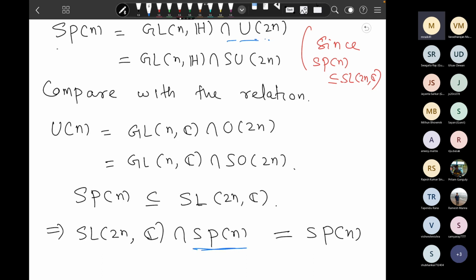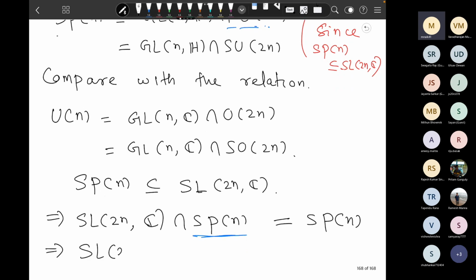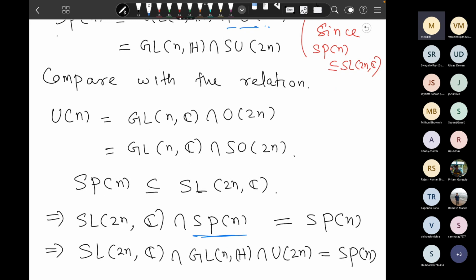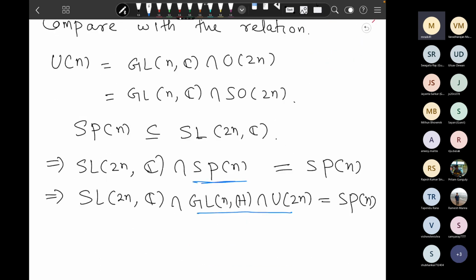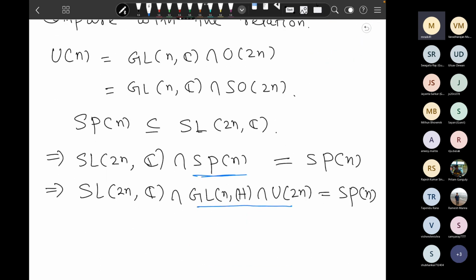In the left hand side I will get SL(2n,C) intersection, in place of Sp(n), GL(n,H) intersection U(2n) is equal to Sp(n). So this is the thing. Now GL(n,H) intersection U(2n) is nothing but Sp(n).